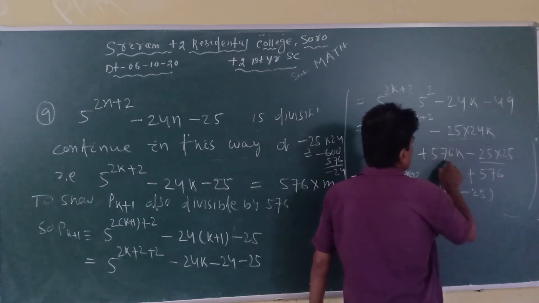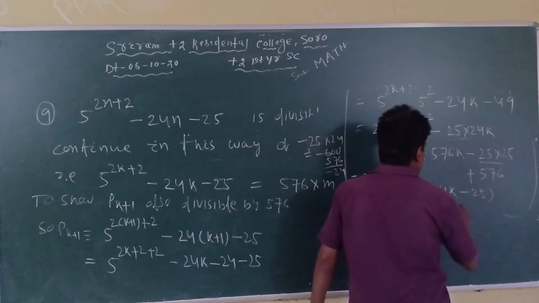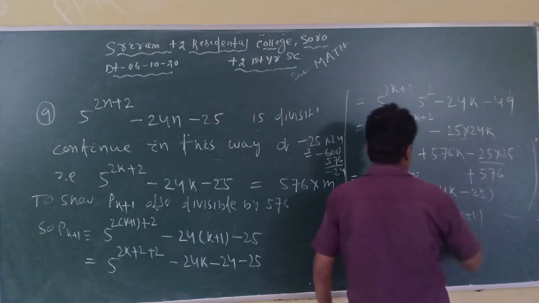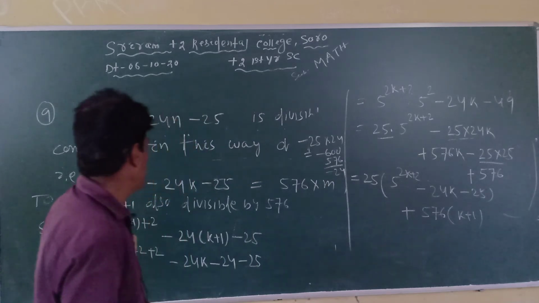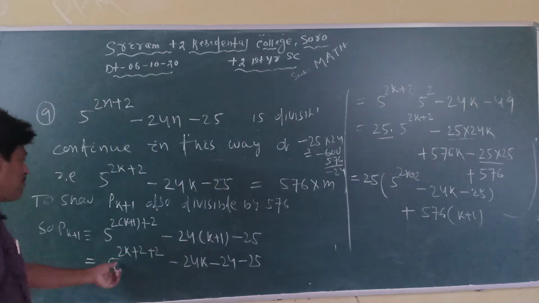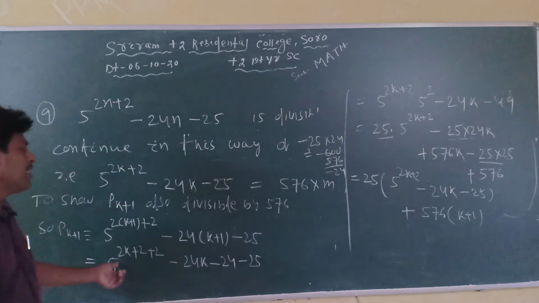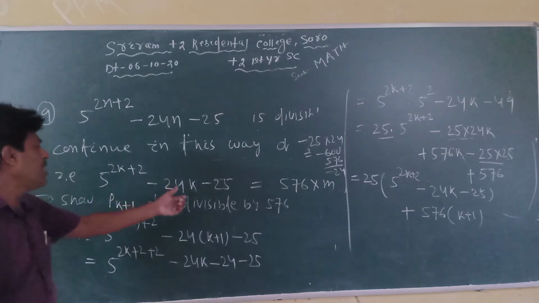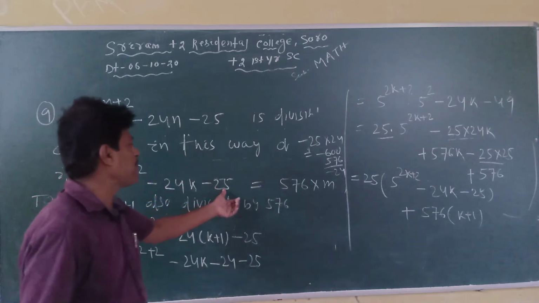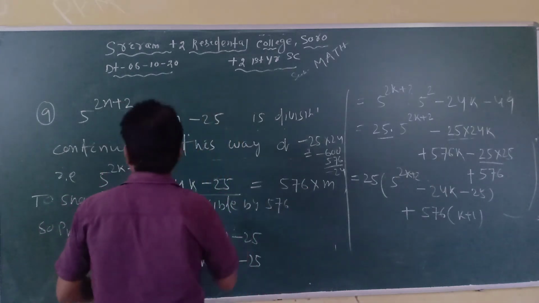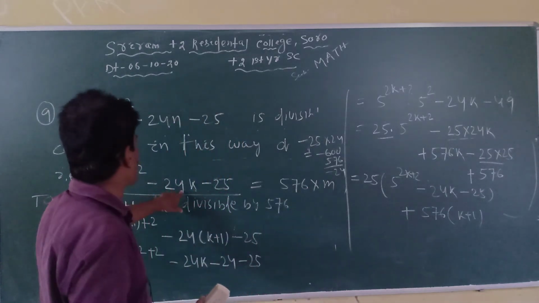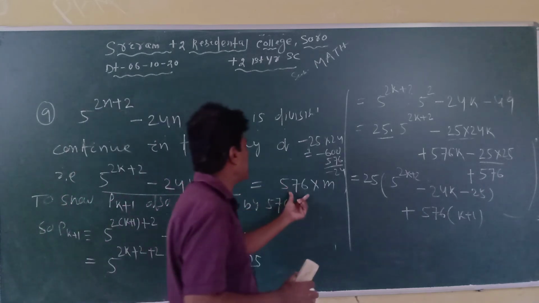Taking 576 common, k plus 1. You look, 5 to the power 2k plus 2 minus 24k minus 25 is equal to 576m, because I only proved this for the problem.